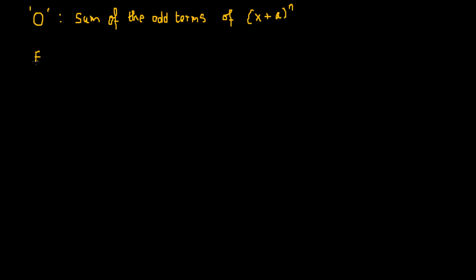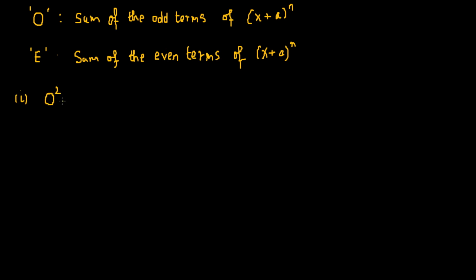And we have E. Now E is the sum of the even terms of the same binomial expression, x plus a raised to the power of n. This is a proving question. We have to prove that O squared minus E squared is equal to x squared minus a squared whole raised to the power of n. So this is our first part. We'll come back to the second part after we solve this one.